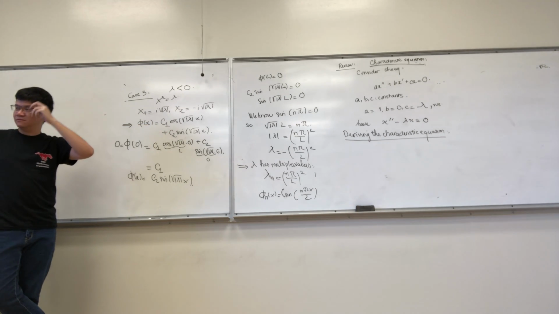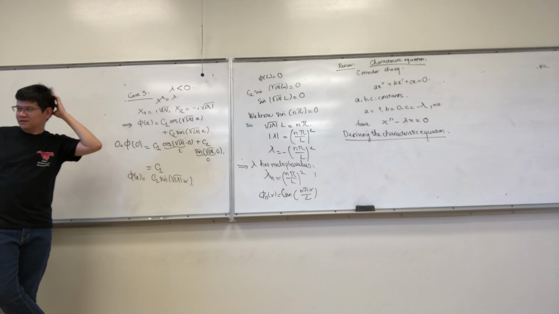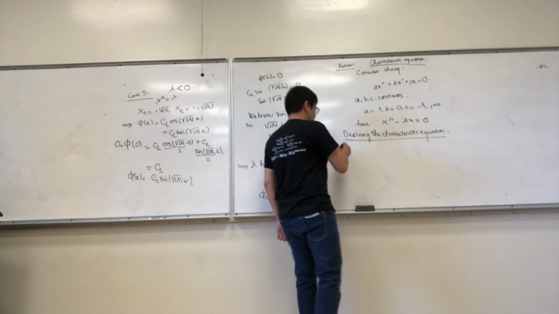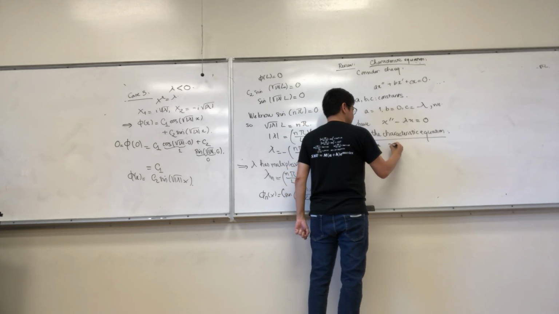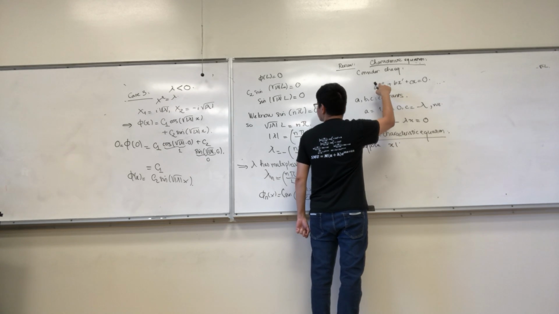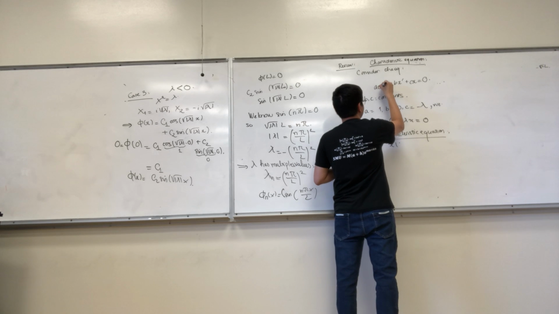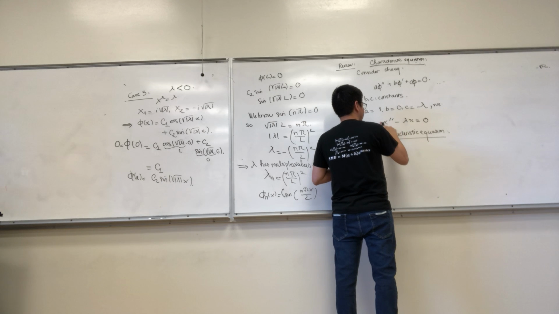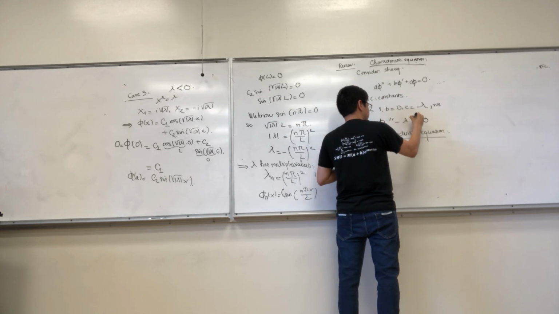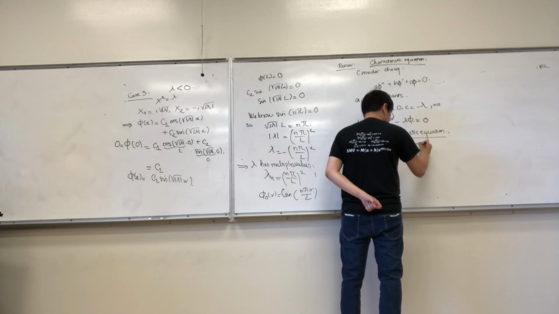Yes, assume a function, let's say x is equal to e to the power rx. Let me not use x, because x is the variable here, so I don't want the x here. Let me put phi. So we suppose that phi(x) is e to the rx.